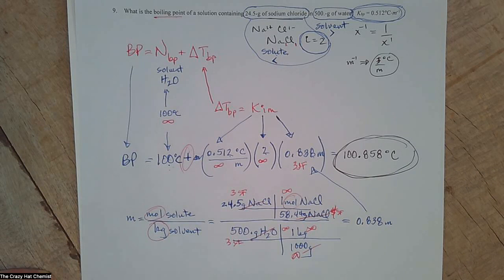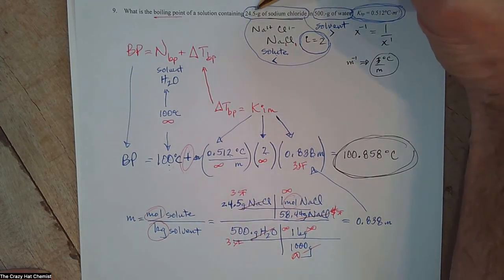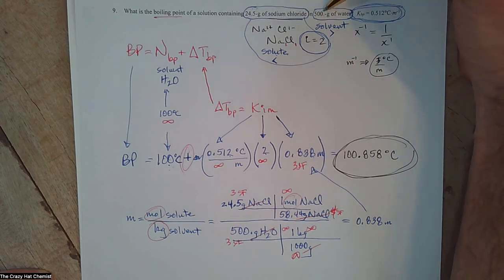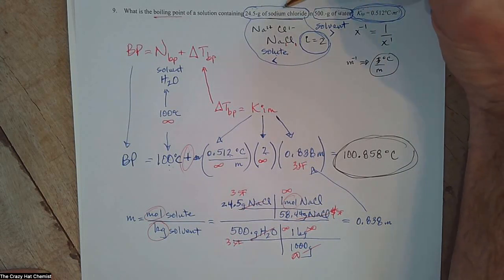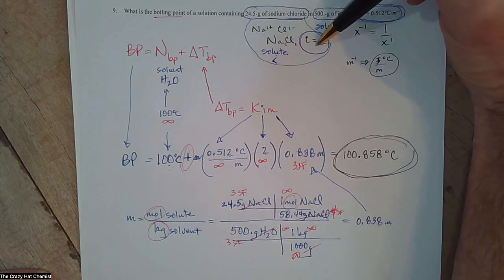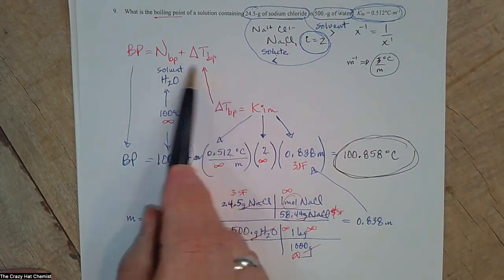So make sure that you do this stepwise. The first thing that you need to do is compare the 2 numbers. I have the smaller number and the larger number. The smaller number is the solute. The larger number is the solvent. The constant goes with the solvent. It's almost always going to be water, okay? For the solute, I need to figure out what the Van't Hoff factor is. Okay, and then I'm going to be plugging into this boiling point equation.